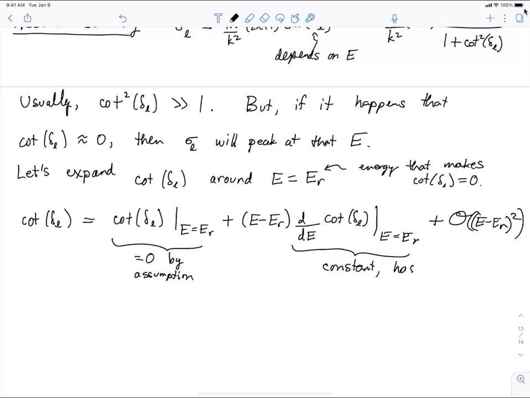And it has units of 1 over energy, because the cotangent is dimensionless. And so we're going to call this 2 over gamma, where gamma has units of energy.